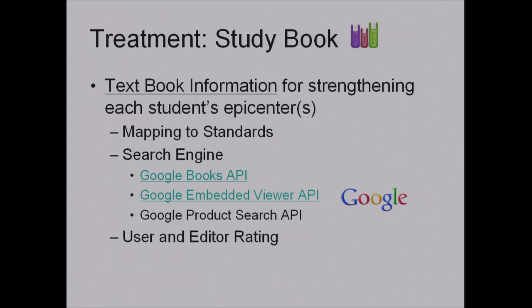Sometimes the system builds up a database of what book they need to study for each epicenter, or we use the Google Book API or product search to find the best book information for students to strengthen this particular area.